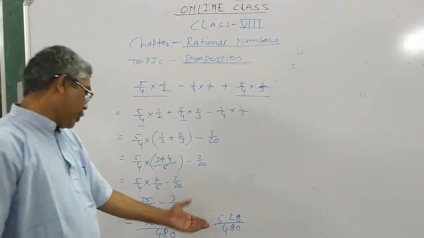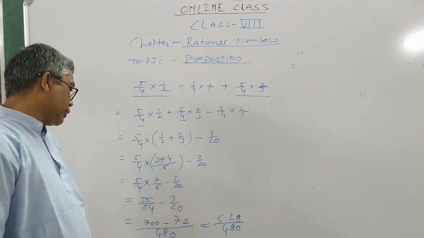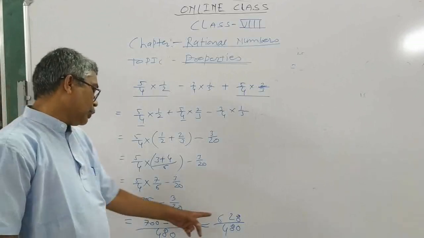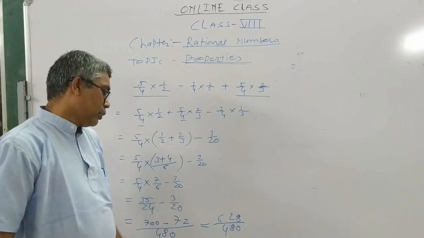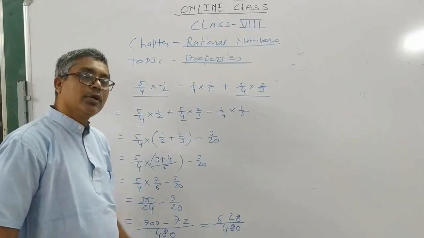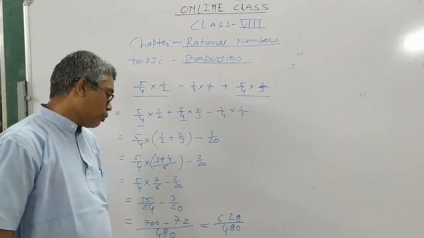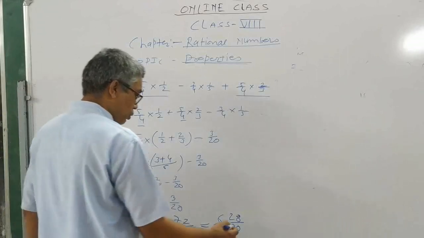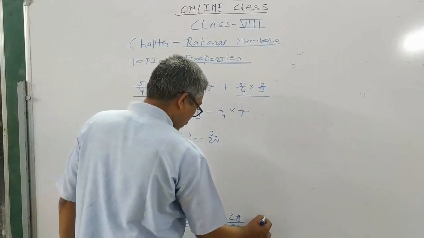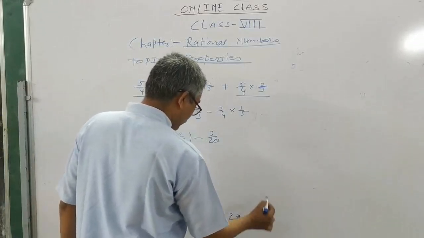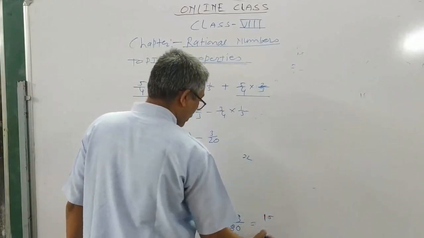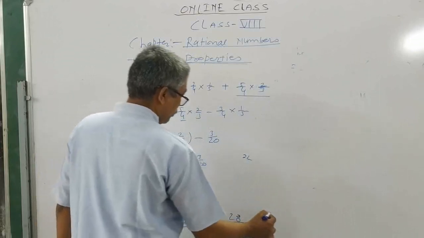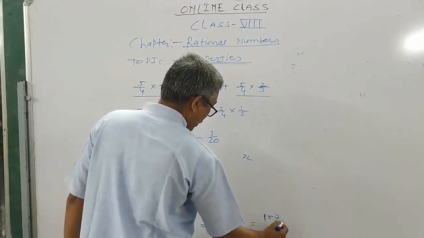So you have to reduce it. आप इसको reduce कर सकते हैं, और reduce करने के बाद 2 से divide हो जाएगा, या फिर इसको 4 से भी division हो जाएगा. अगर आप इसको 4 से divide करते हैं तो what we get? 4 1 is 4, 4 5 is 20 and 4 7 is 28.